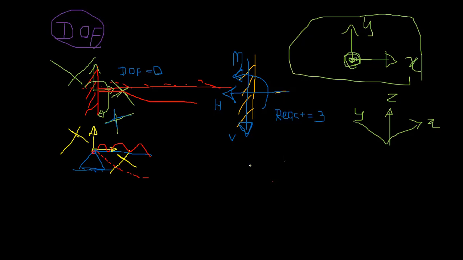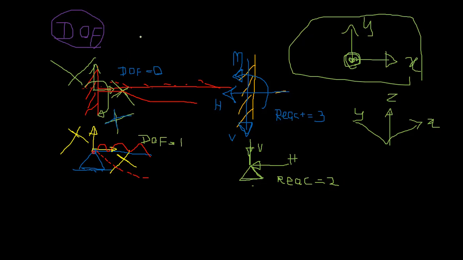So you will end up with it cannot go in x direction, so that's how a reaction is generated in horizontal direction, and it tries to move in y direction, but there's a reaction the support is giving, but it does not give any resistance to bending. So that means you have reactions equal to 2 and degrees of freedom equal to 1.